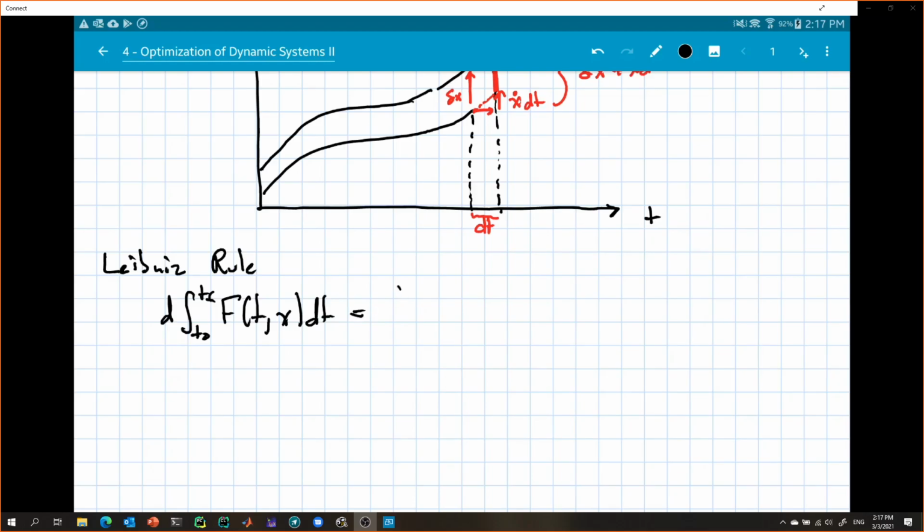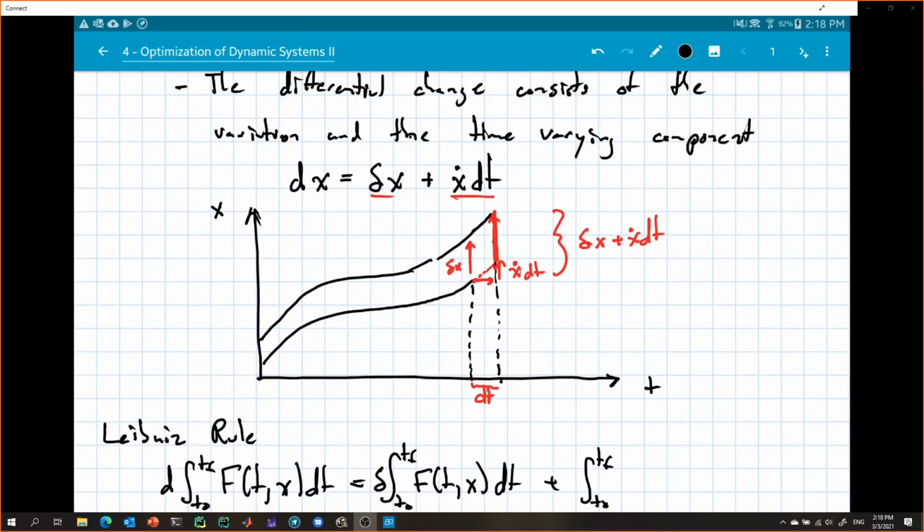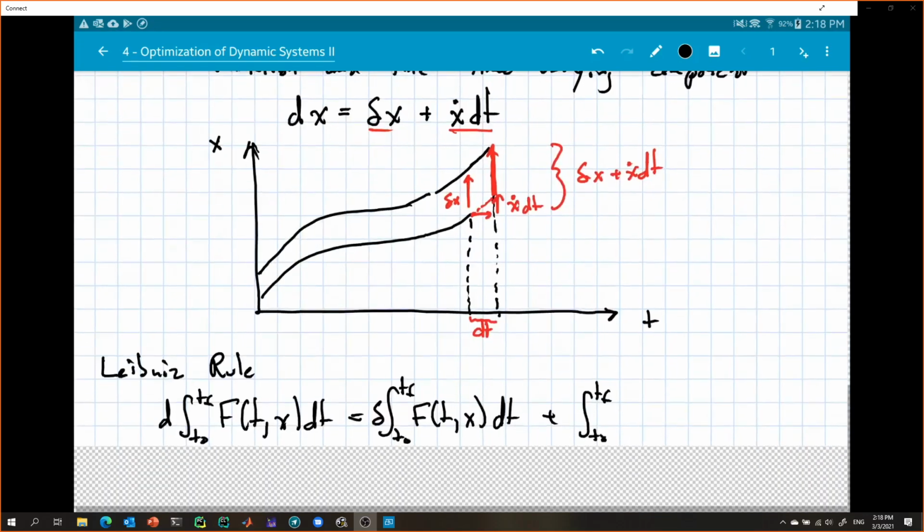In our case, let me write it this way. So you have the variation in this integral dt plus, and that's this variation term here, and then we need the second one.